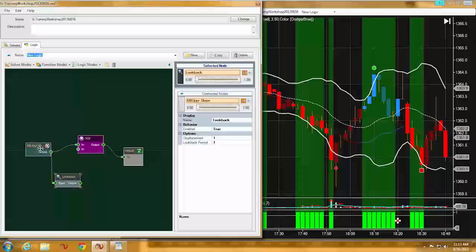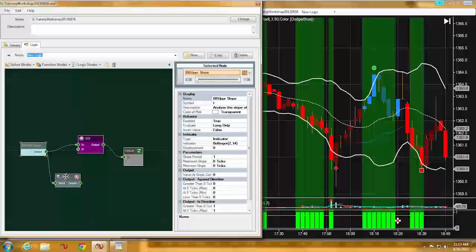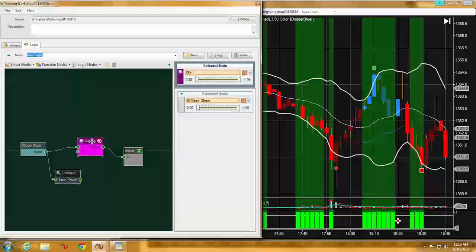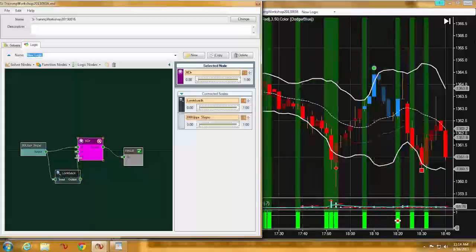All right, so with just one object plugged into the XOR, we just have our standard signal going right through, and then we connect the look back, and yeah, bingo, it worked. So there we go. We have one signal on the bar after.